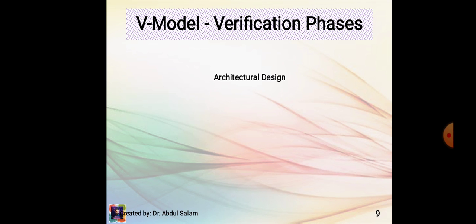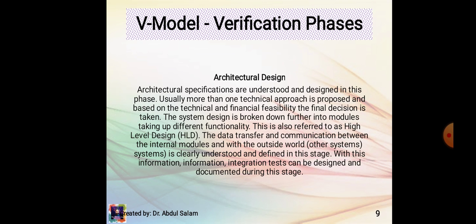The next one is architectural design. Architectural specifications are understood and designed in this phase. Usually, more than one technical approach is proposed and based on the technical and financial feasibility, the final decision is taken. The system design is broken down further into modules taking up different functionality.